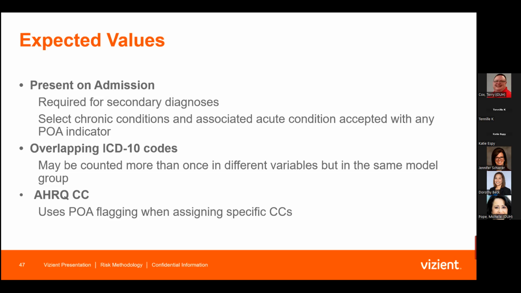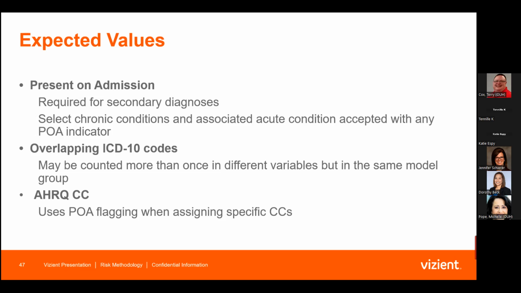All right. So once the models have been finalized, expected values are calculated and assigned to all patients in the CDB for each outcome. And we have certain rules that must be applied. Again, first, present on admission criterion does not apply to the principal diagnosis, only the secondary. And those specific codes I mentioned will be accepted for any POA indicator.